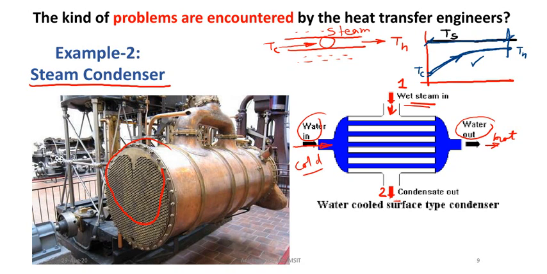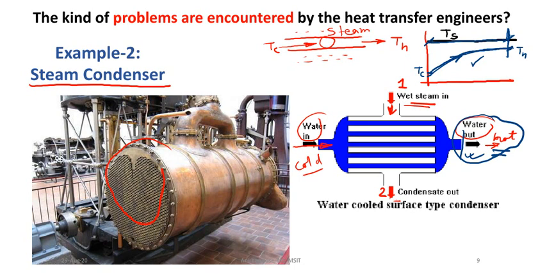After that, what kind of problems can we solve? We can design the length of the heat exchanger, that is, the length of the condenser, so that exactly after this much length the temperature of the water going out is limited. Suppose the hot water temperature should be this much.